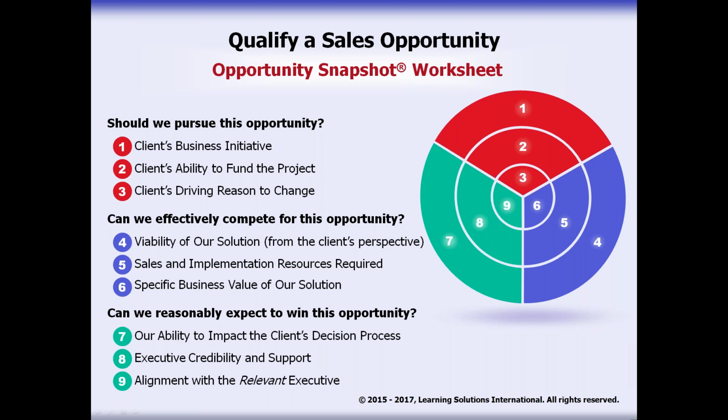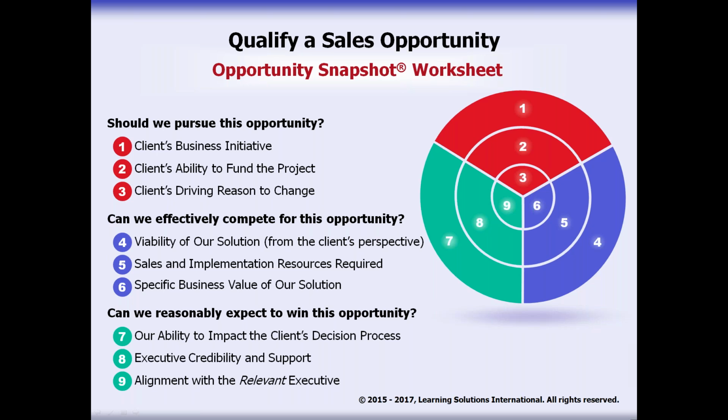They understand the importance of each, and they think about and start to internalize this process. And that's what we want them to do, to be able to apply this snapshot process to each of their sales opportunities. So again, 3 compelling questions, 3 criteria within each of those compelling questions, and the criteria closest to the center of the snapshot, criteria 3, 6, and 9, are the most important.